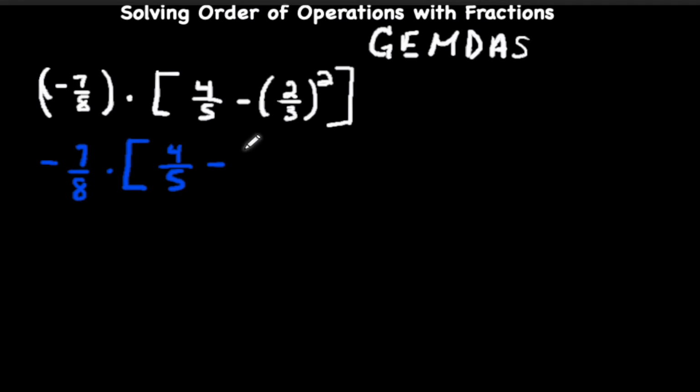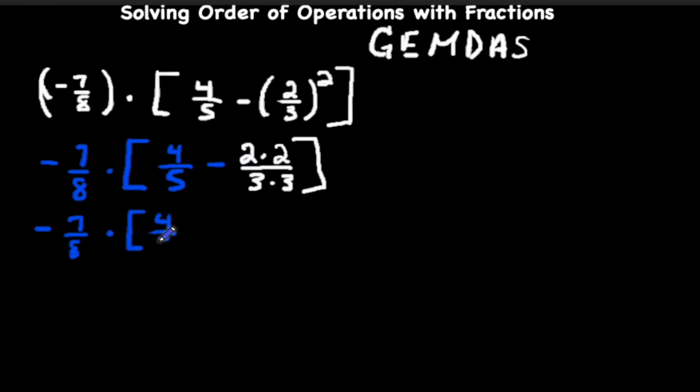Okay, so that's 2 times 2 divided by 3 times 3. Okay, so let's go ahead and continue on. So we have negative 7/8 times 4/5 minus 2 times 2 is 4, divided by 3 times 3 is 9.